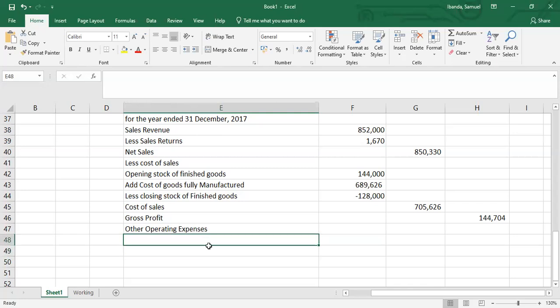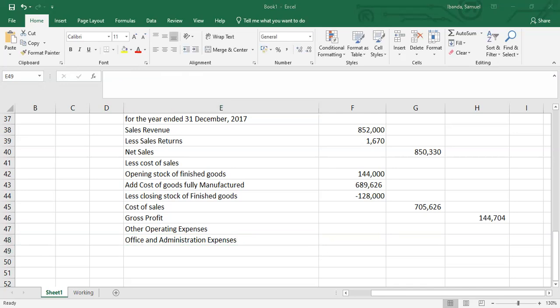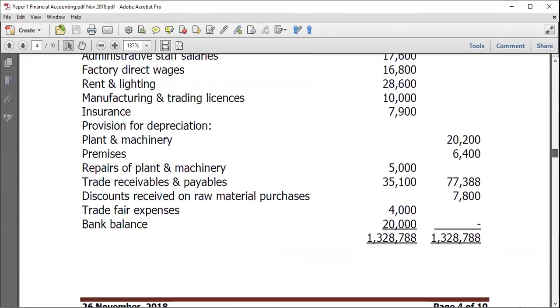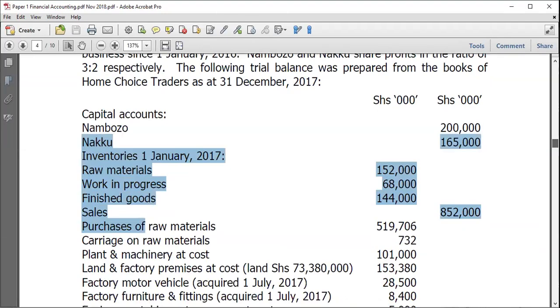We usually have what we call the office and administration expenses. So let me start with the office and administration expenses, okay? And I want you to open your eyes critically so we can pick these together. So I'll go back up to see each of my expenses that fall under this category.